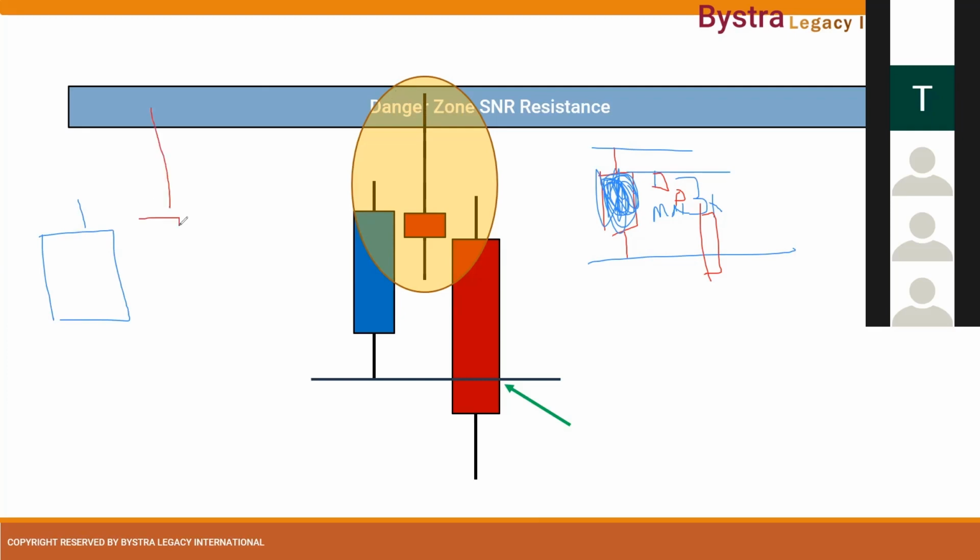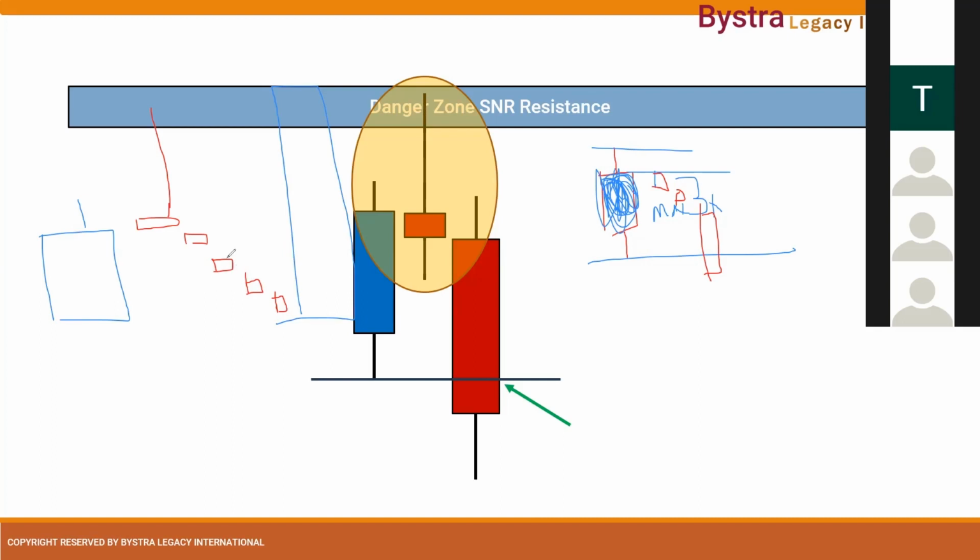So it reacts to this danger zone, 1, 2, 3, 4, 5, for example, and then it comes back to the blue color and makes one big bull. Why must it be a maximum of 3 and not more than 3?